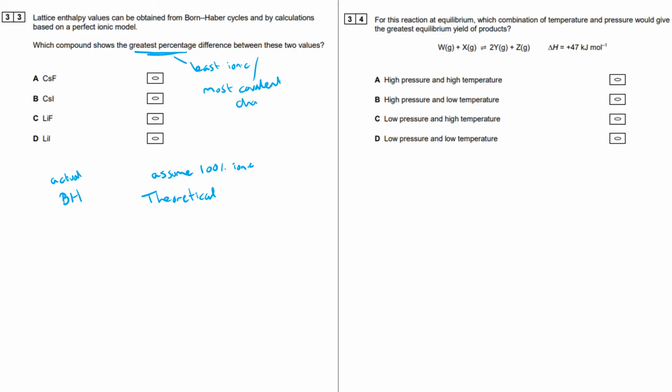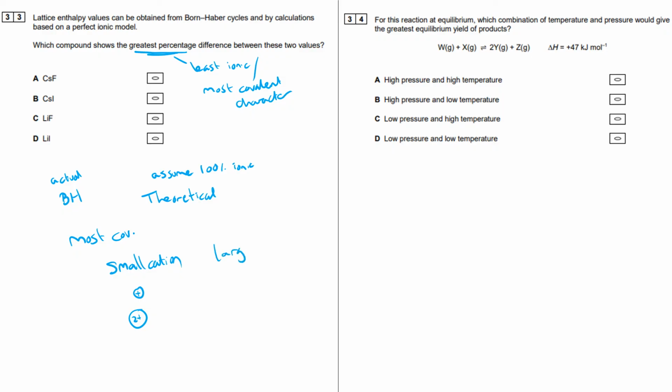So which ions are not perfectly spherical out of the options here? So in terms of the most covalent character, the metal and non-metal that are present would have a small cation or a very positive charge. So the smaller the cation, the more positive the charge, the more covalent character you get.